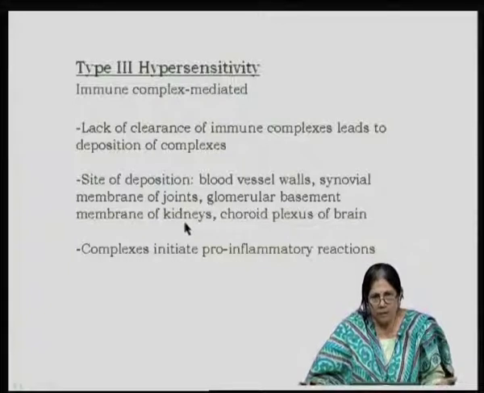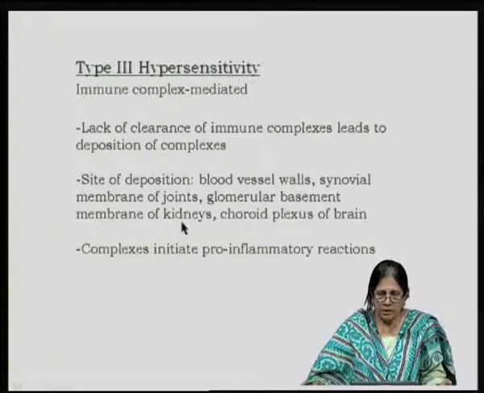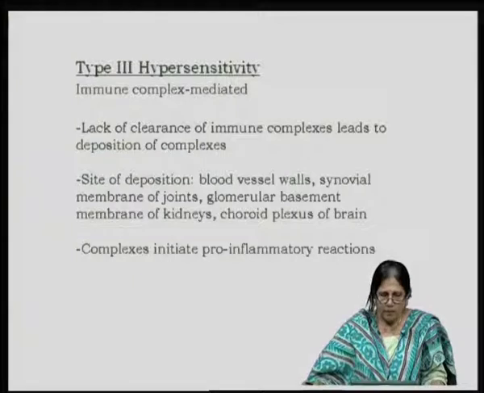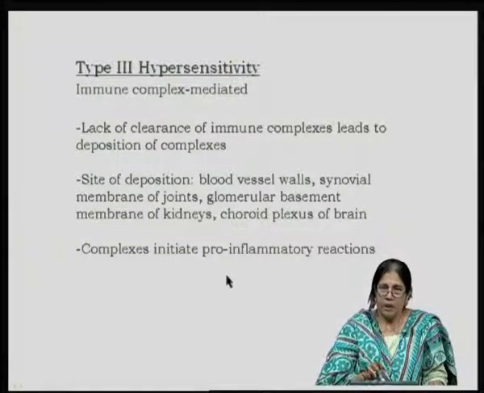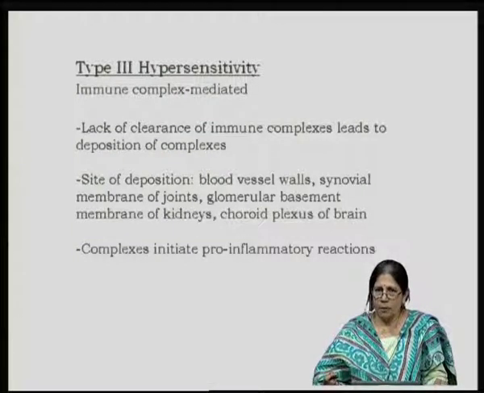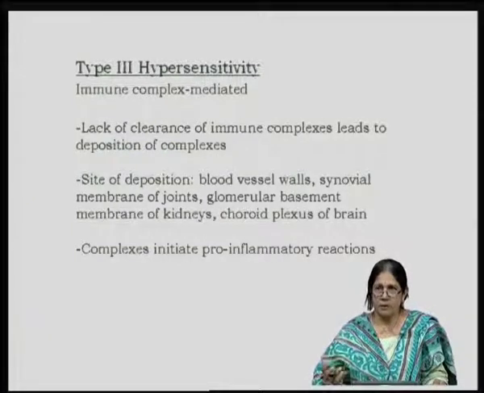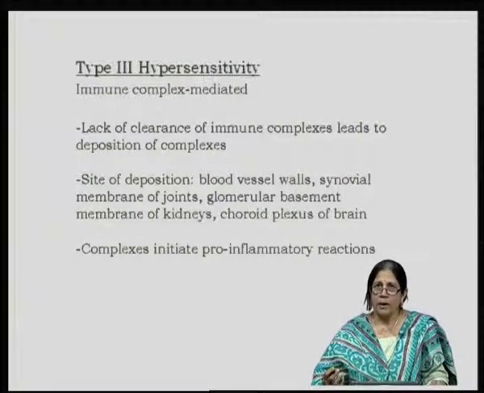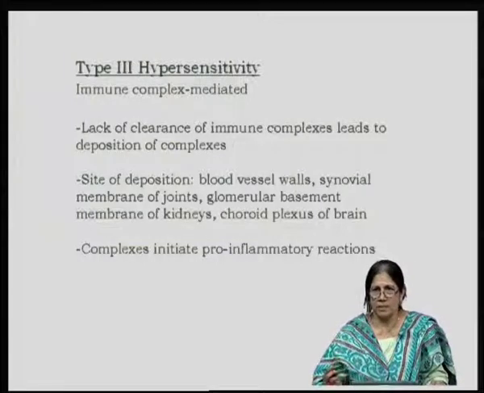So what if these complexes get deposited? What ensues is that these complexes are nothing but antigen antibody interaction, and if you remember complement activation, then binding of the antibody to an antigen, if it is antibodies of IgM or IgG type, makes the C1q binding site on the Fc region of antibodies accessible.